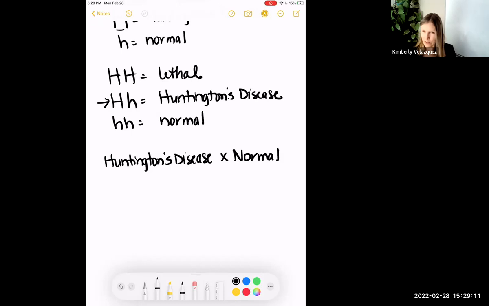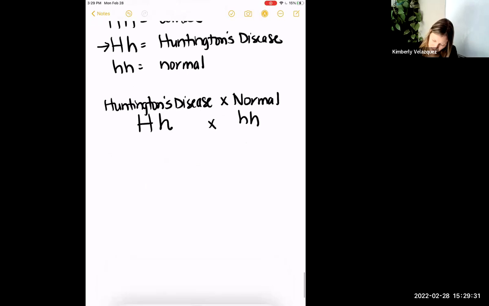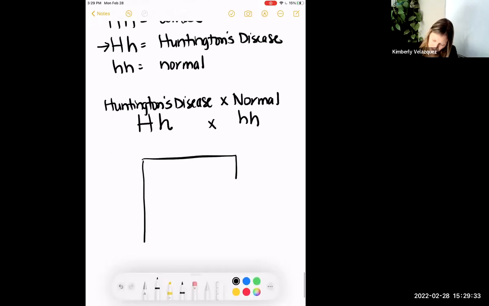These people have full-blown Huntington's disease if they are heterozygous. So Huntington's disease is going to be big H, little h. How do I know this? Because if they were big H, big H, they would not be reproducing. That would have been lethal. Normal is little h. So this cross, draw our Punnett square.